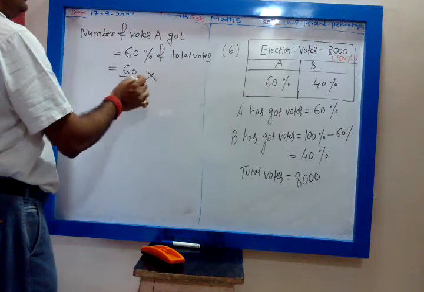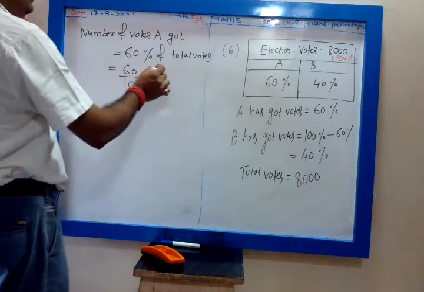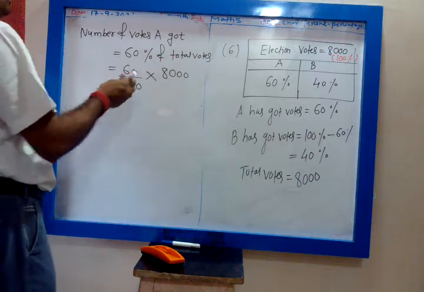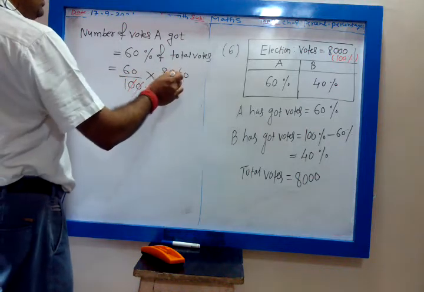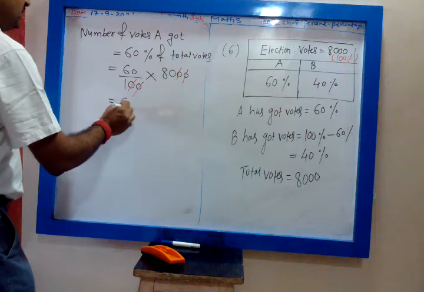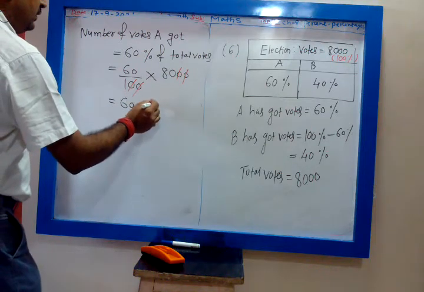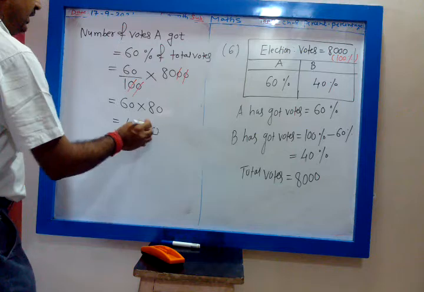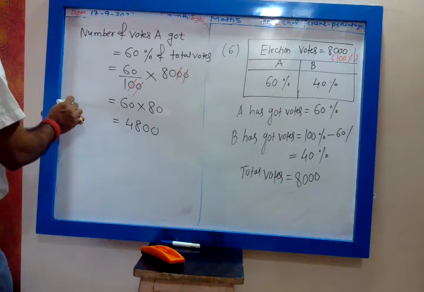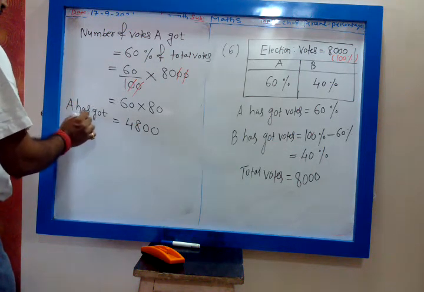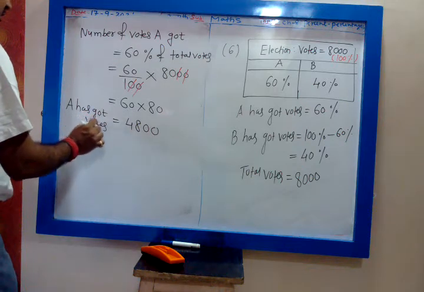Of means multiplication. Total votes are 8,000. So cancel two zeros. 60 into 80, that is 4,800. So A has got 4,800 votes.